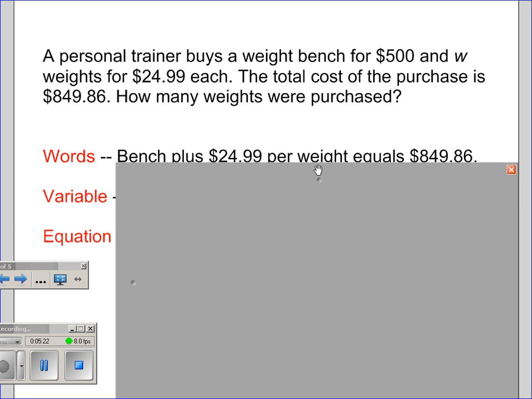Okay, let's take a look at our keywords. Bench plus $24.99 per weight equals $849.86.